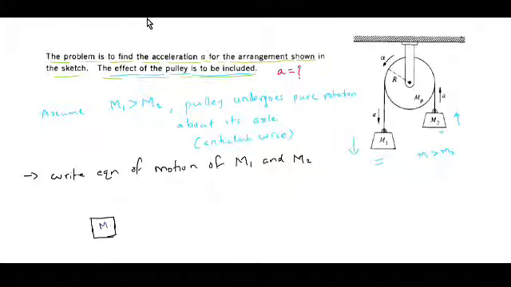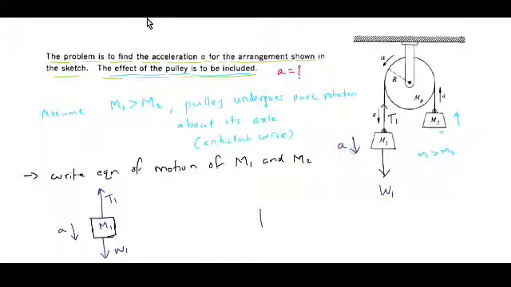For this, draw the free body diagram. This is mass m1. Its weight W1 is always downward, and tension is always away from the mass, so this is T1. The acceleration of the body is downward.